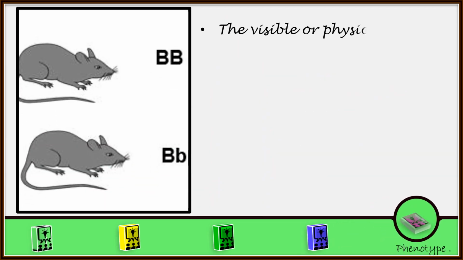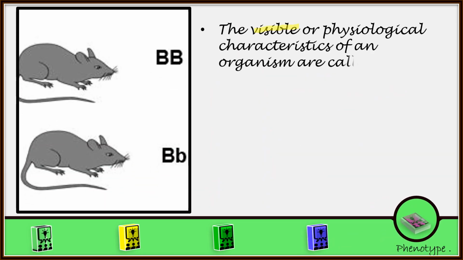The visible or physiological characteristics of an organism are called its phenotype. Those are what is observable, as opposed to what is inside, which is not seen.